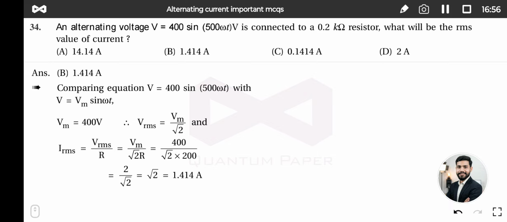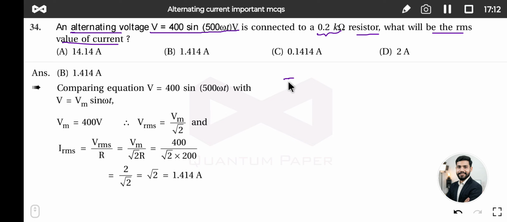Look at the next question. An alternating voltage V is equal to 400 sine 500 omega t connected to a 0.2 kilo ohm resistor. What is the RMS value of current? So IRMS, if you write in terms of voltage, the formula will be VRMS upon root 2.